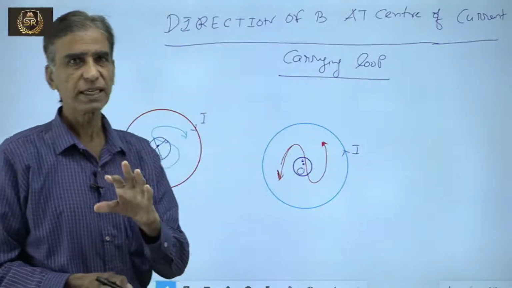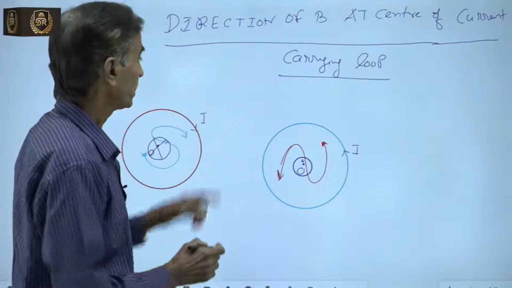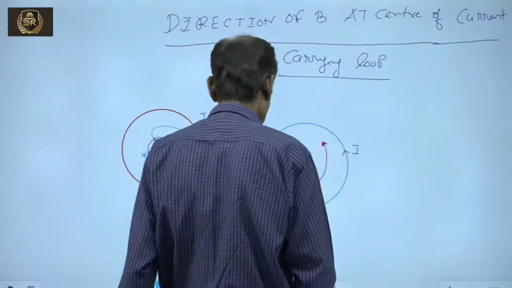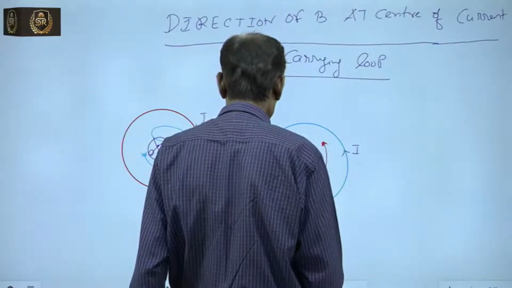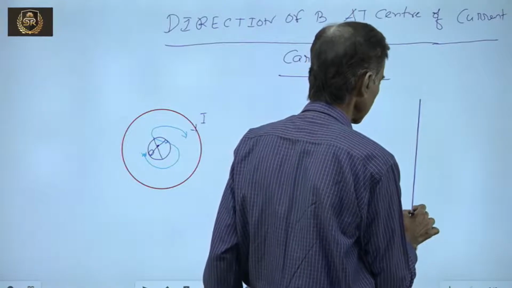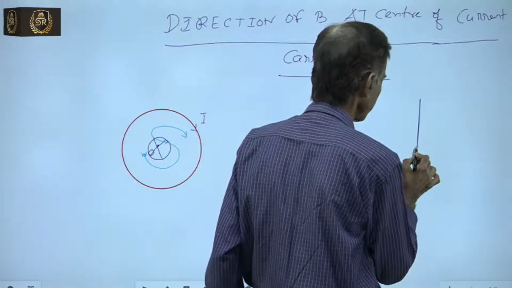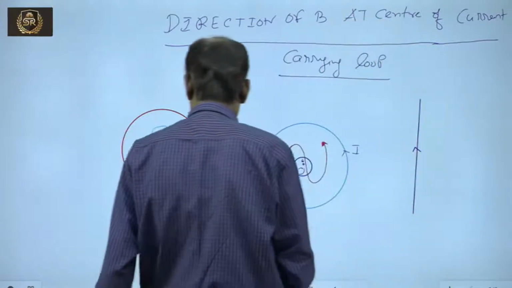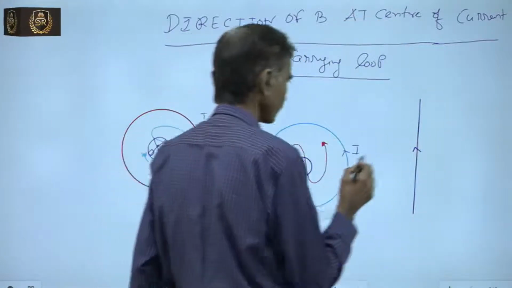So three formulae and two directions for straight current. As I told you, suppose this is a straight conductor carrying current, and the current I is carried in the upward direction.